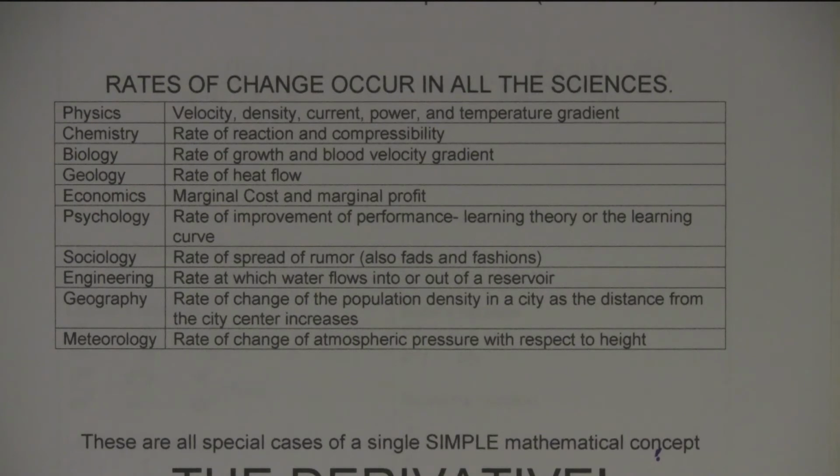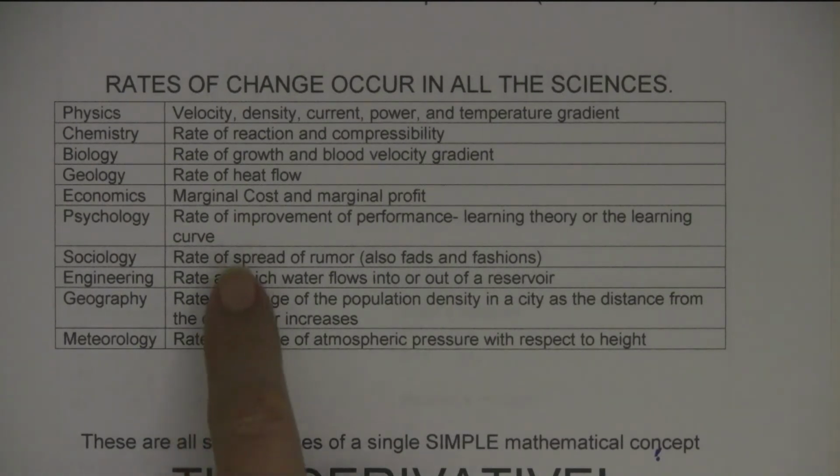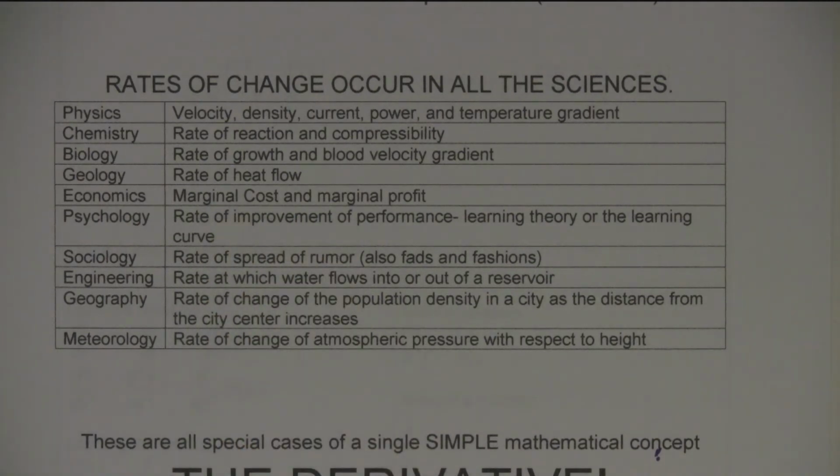Calculus is interesting, right? All of these things are rates of change, and that's what we've been finding. Velocity, density, current, power, temperature gradient, all of these things are rates of change. In economics, the marginal cost and the marginal profit are rates of change.